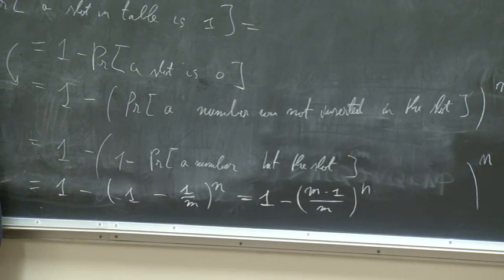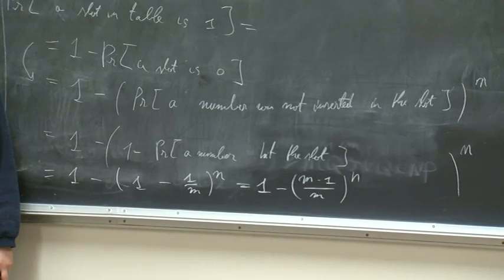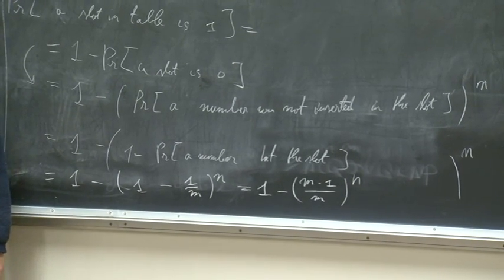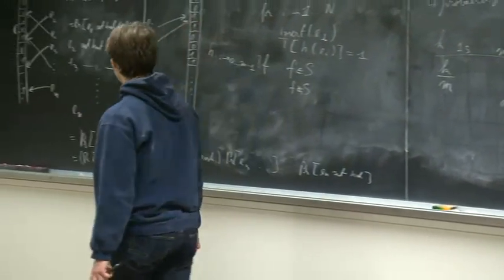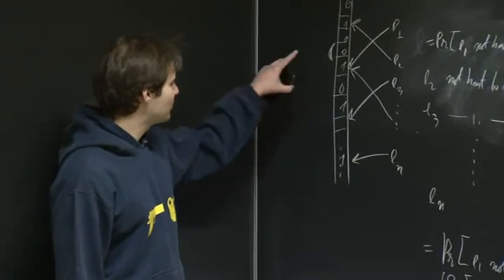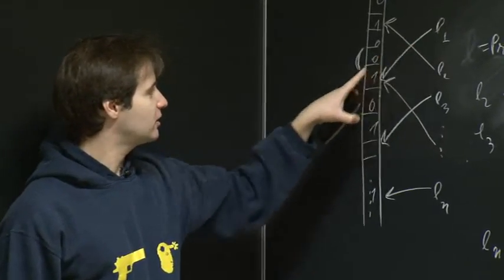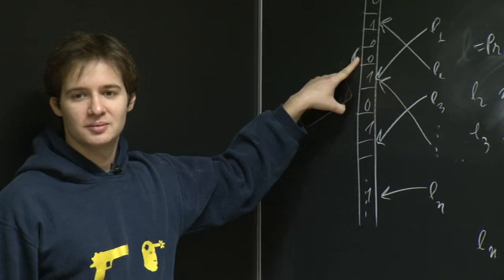What is the probability that any given one doesn't hash, 1 over m? So if E1 doesn't hash in that spot, isn't that probability 1 over m? Not quite. You're close. So you're saying the probability that E1 doesn't hash to this slot is 1 over m? Or I guess it's 1 minus 1 over m.